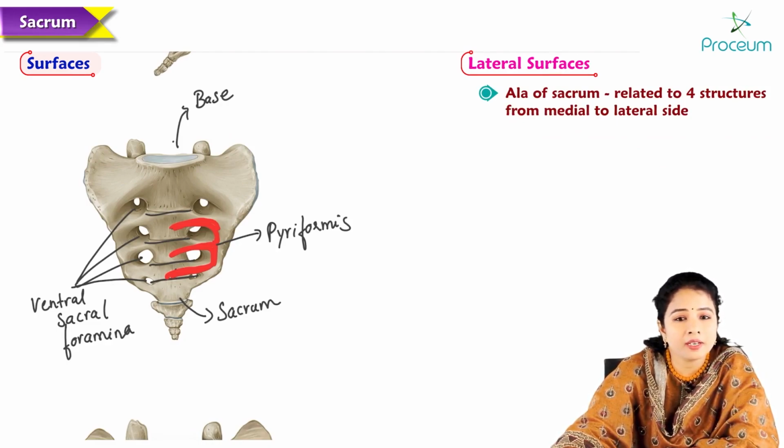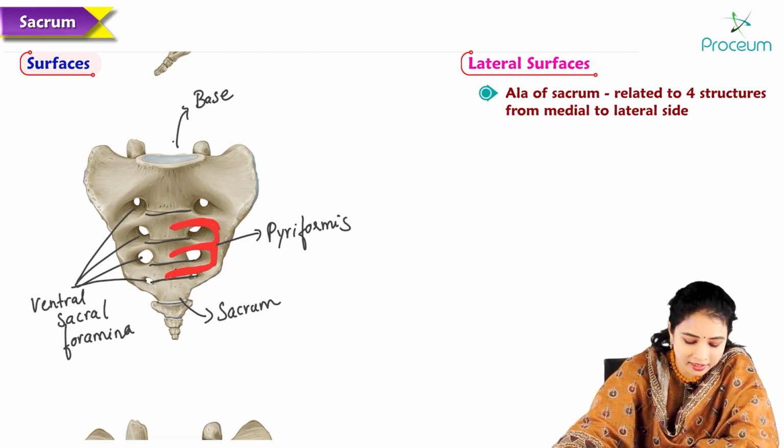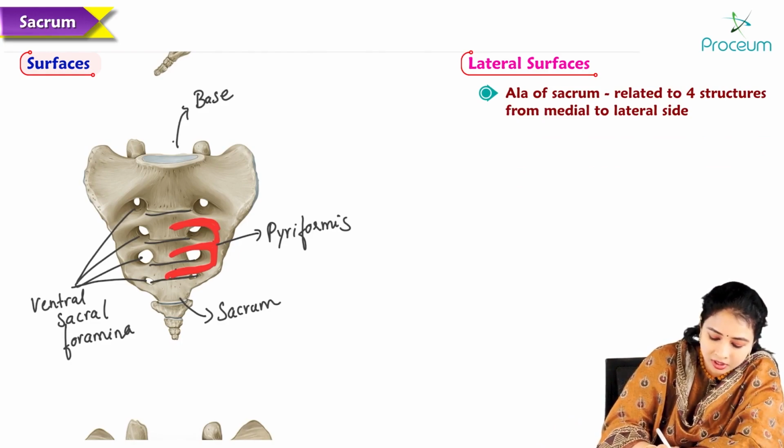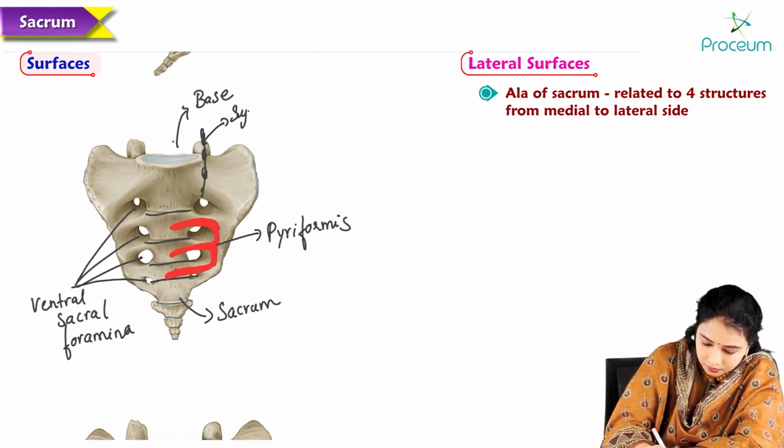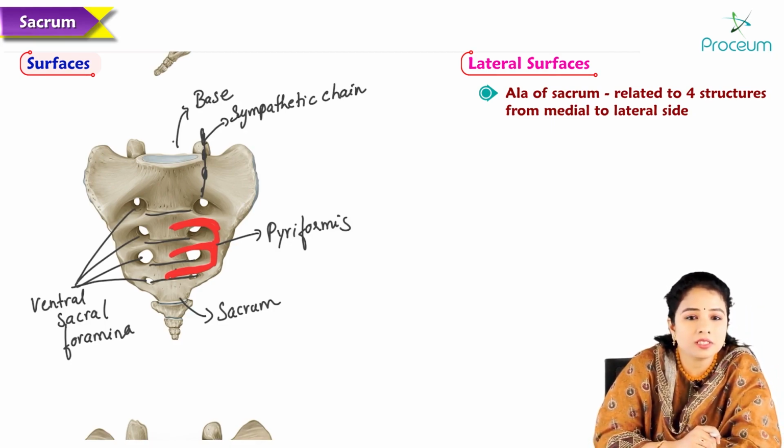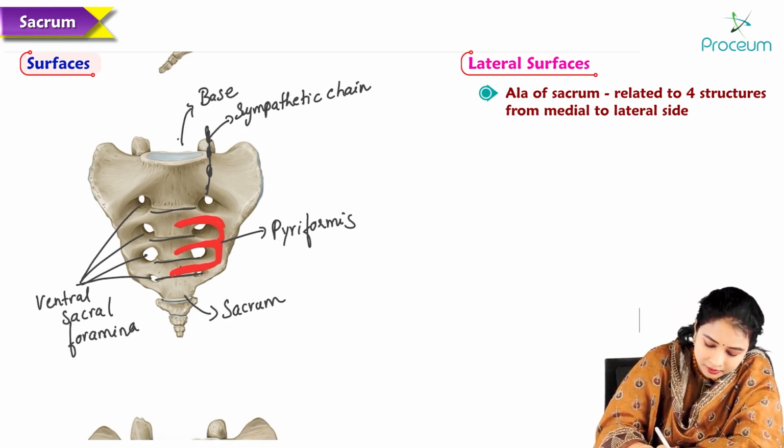So we can remember the abbreviation as OILS. I will say from medial to lateral side. The medial most structure which is related is the sympathetic chain. Next to the sympathetic chain is the lumbosacral trunk.